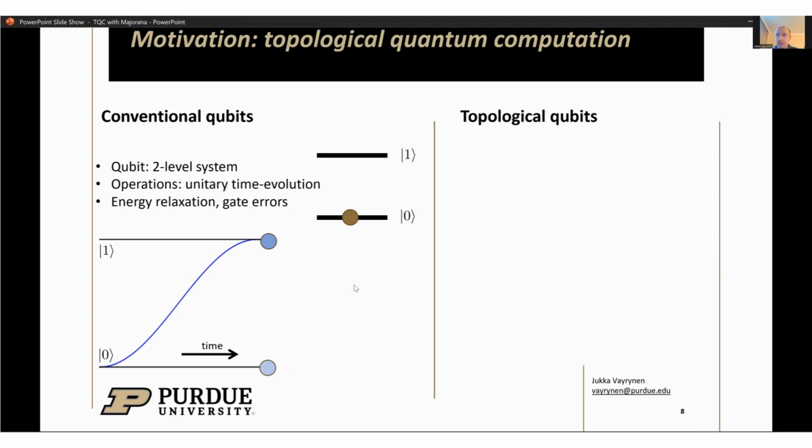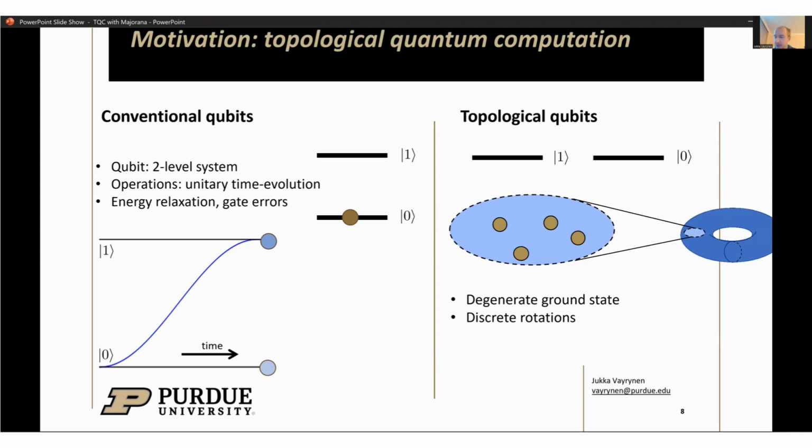What we do in topological quantum computation is we try to overcome these two problems, the energy relaxation and the gate error. And one way to do this is to use a topological phase of matter.